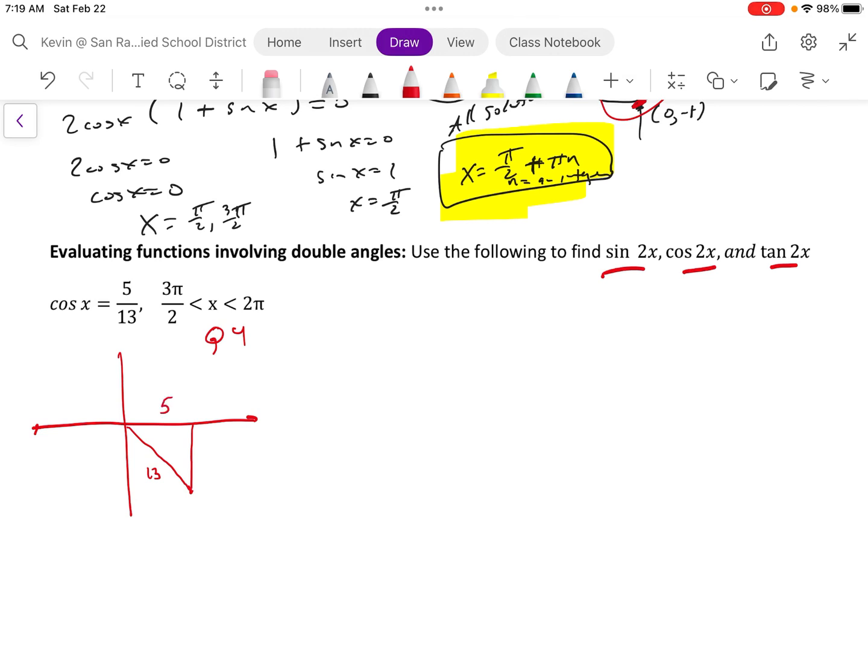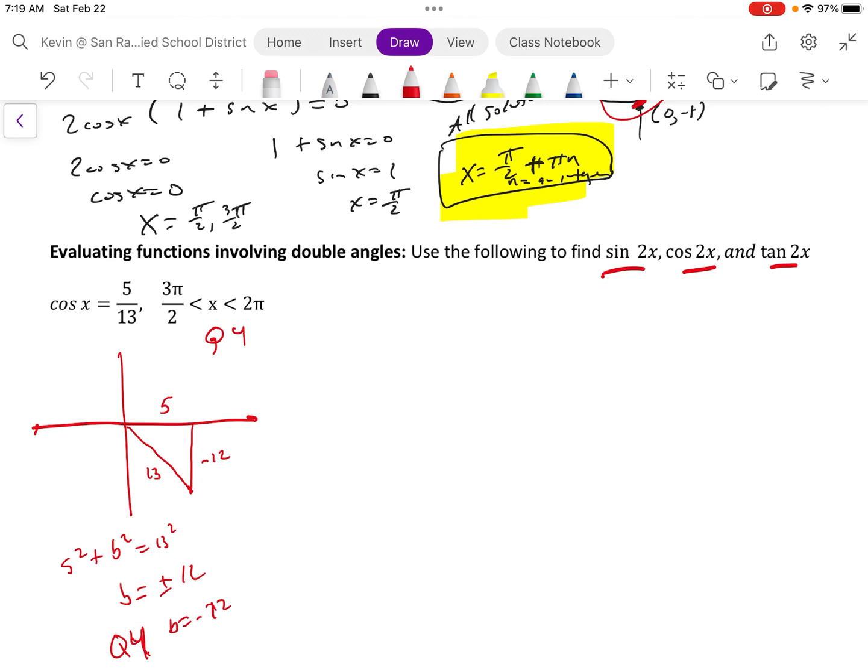This is cosine, so our adjacent side is 5. And special right triangle means that this is -12. If you don't believe me, you can do the math, but trust me. Since it's Q4, b equals -12.